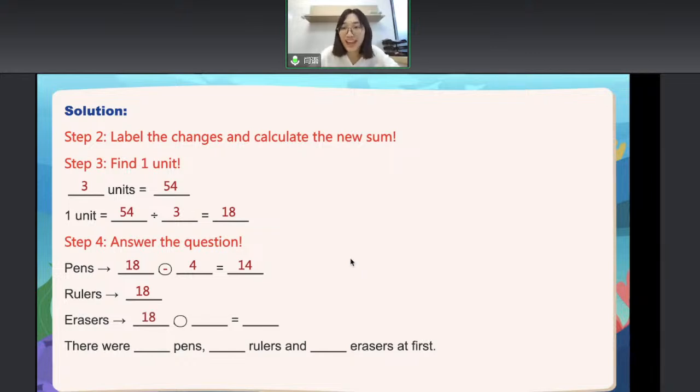Yes, you need to add it back. It is 18 plus 7. The answer is 25. Then, please write down your final answer in short sentences. There were 14 pens, 18 rulers, and 25 erasers at first. When it comes to word problem, everyone, do remember to write down your final answer as a short sentence.